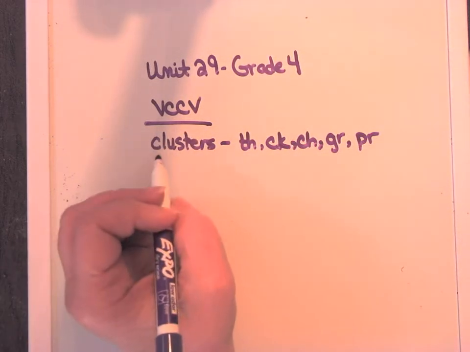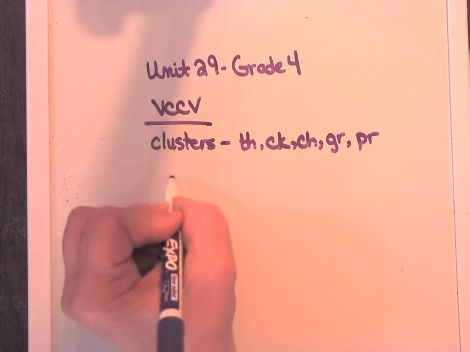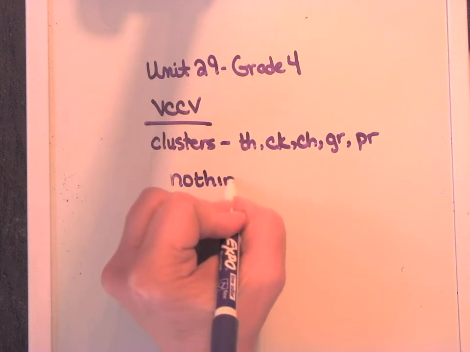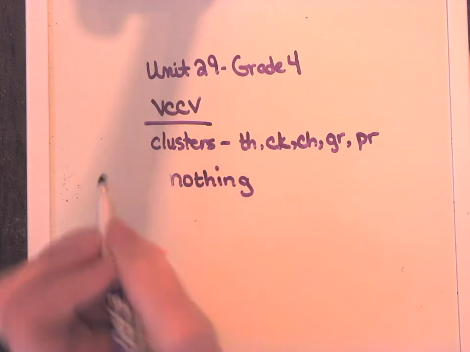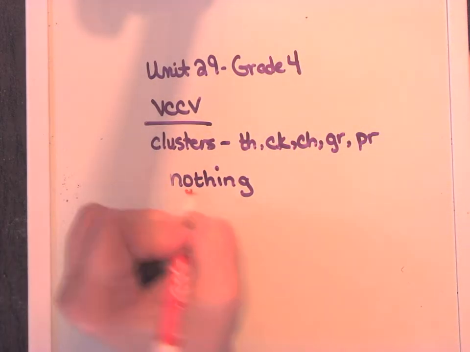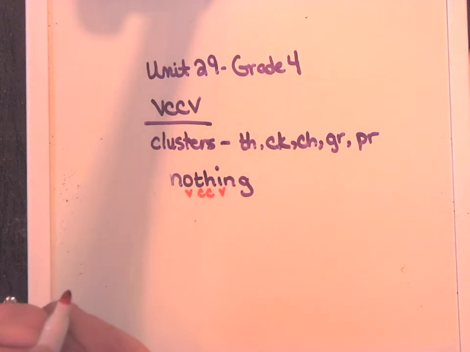So when I'm looking at words, I want to think about, what does my word have with it? What is the cluster in there? That's the first thing I want to do, is find my vowel, consonant, vowel pattern. So when I look at this, here's a vowel, and here's a vowel, and there's my two consonants in between them.